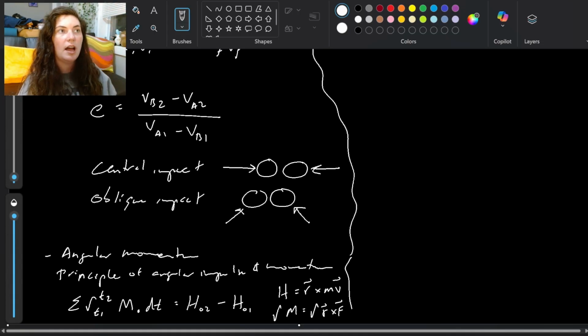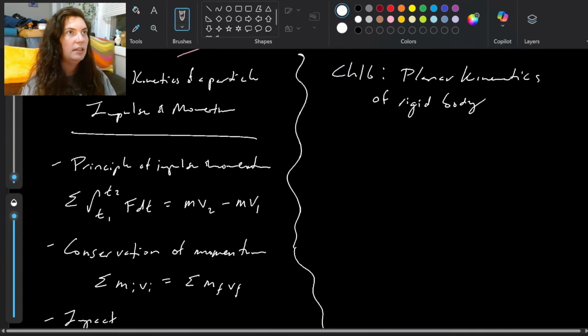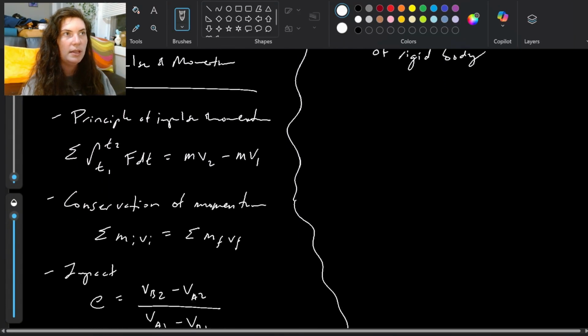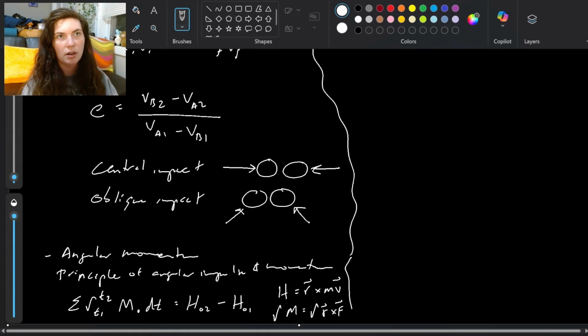So those are all of the topics that we had covered before we transitioned to talking about rigid bodies. You could see any of these topics of impulse and momentum on our exam.